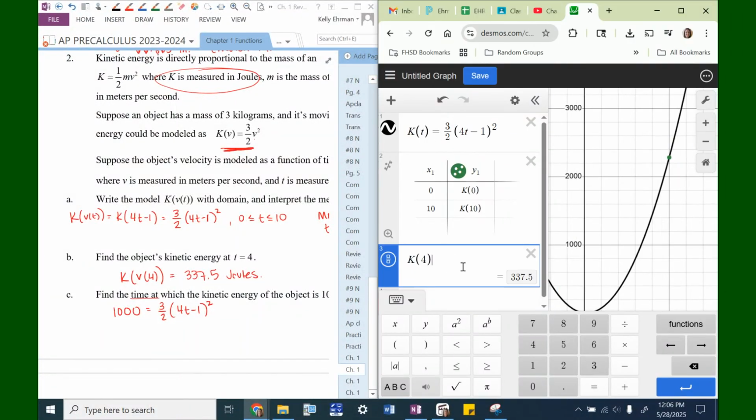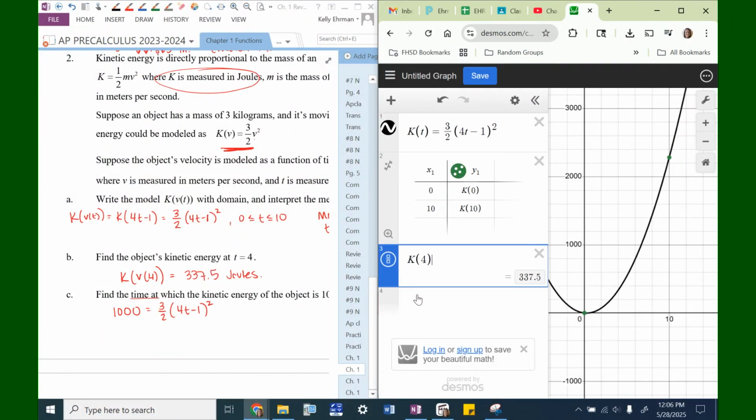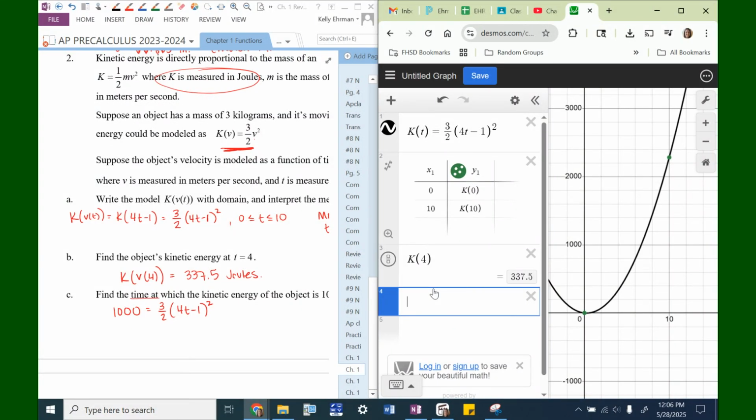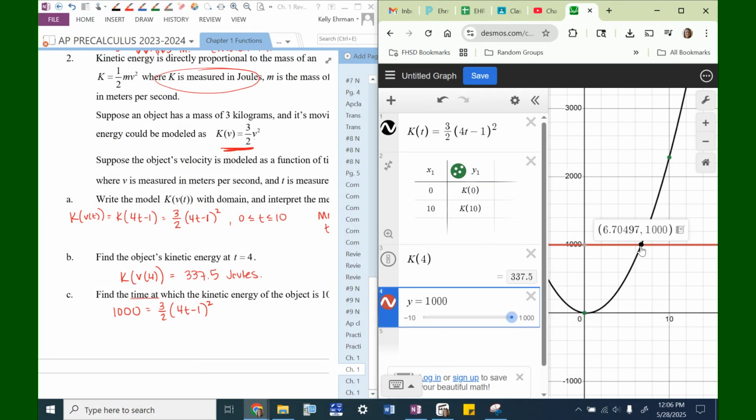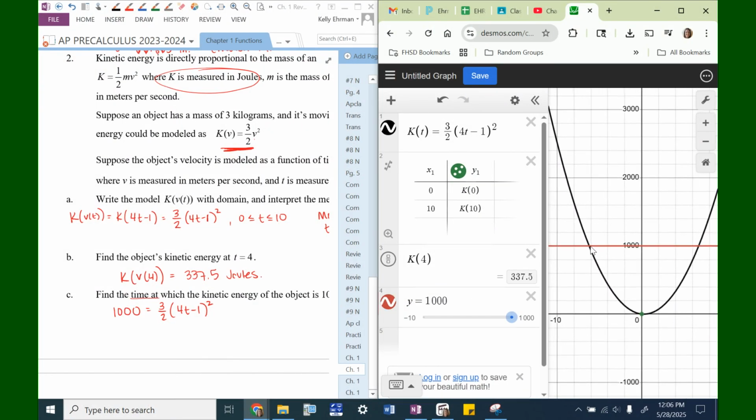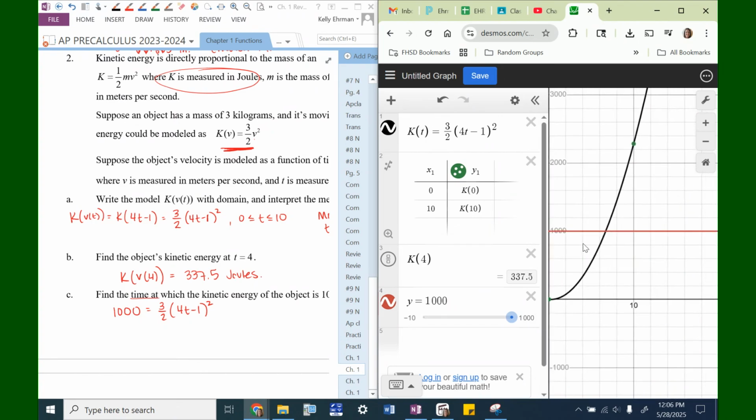Solving by graphing is a skill that you need for AP Pre-Calc and for calculus as well. So all I'm going to do is type in y equals 1,000 and find the point of intersection. I don't want this other one because remember, our domain is only from 0 to 10. So we only want the positive value.